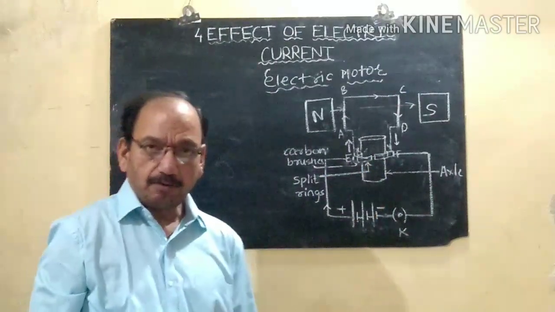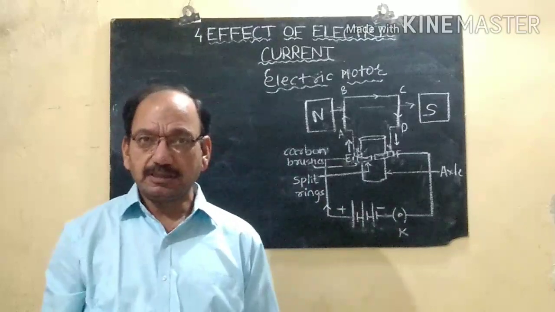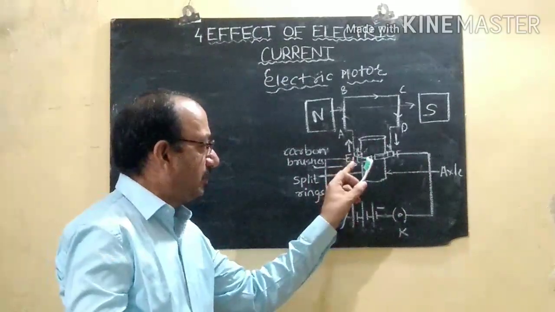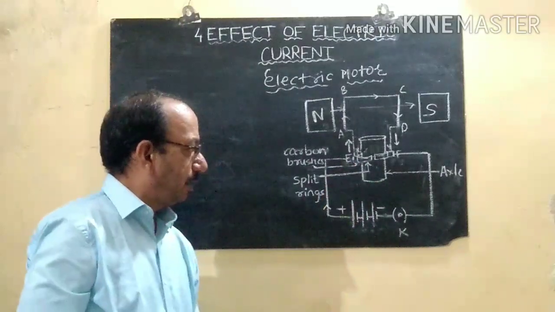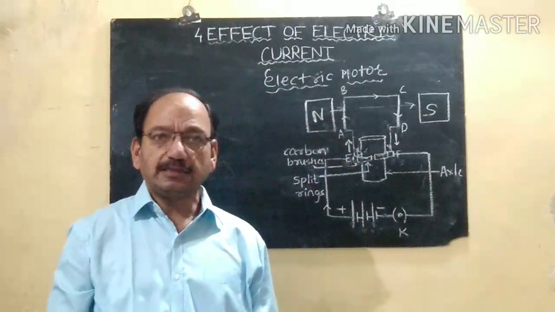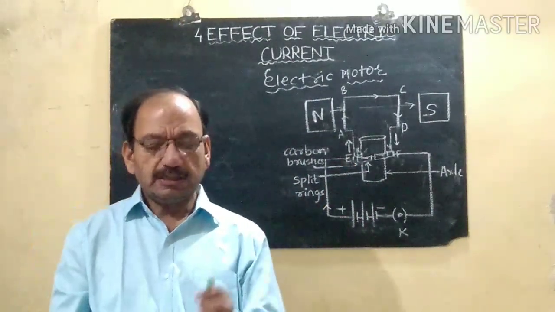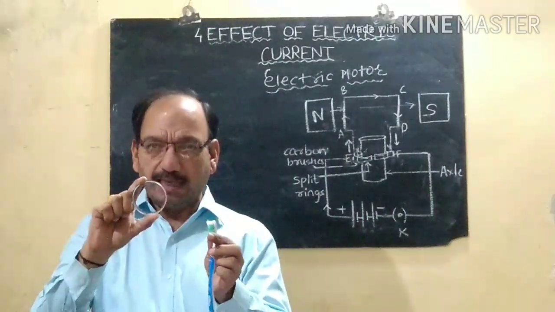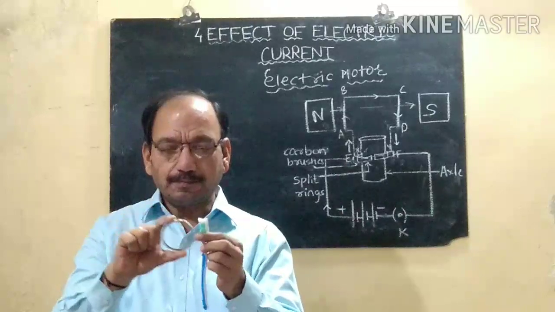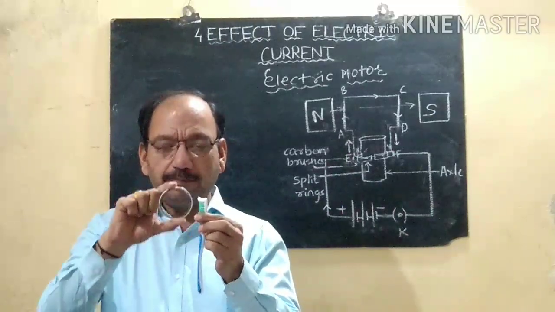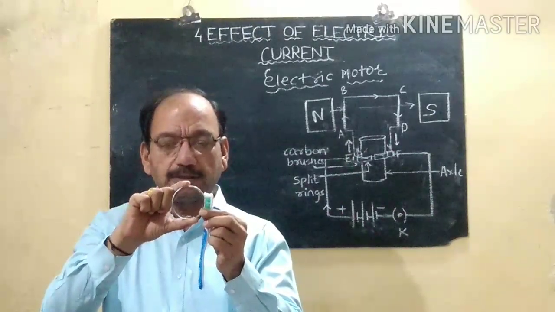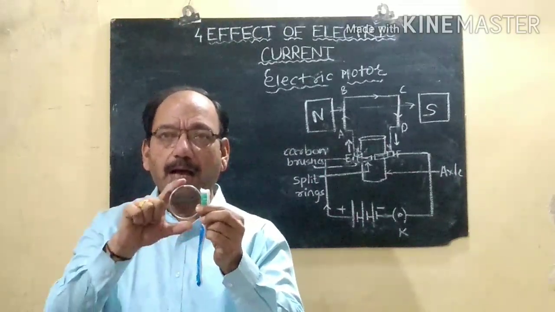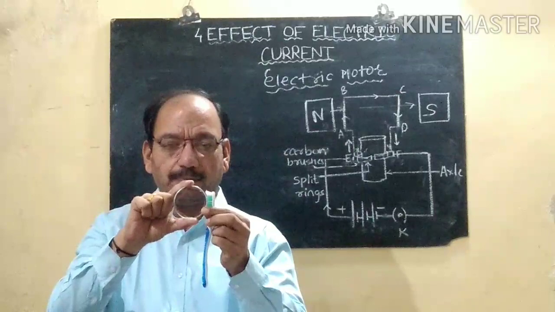I will try to explain how these brushes work. Suppose these brushes, which are fitted in the electric motor circuit, are stationary. Suppose this is a carbon brush, and I want to explain this with the help of this ring. These split rings are made of two equal halves of one ring.